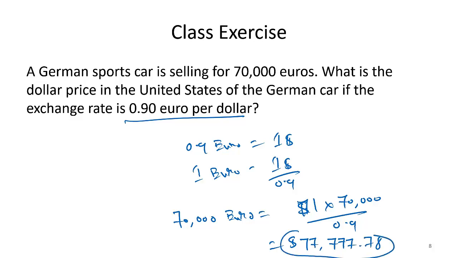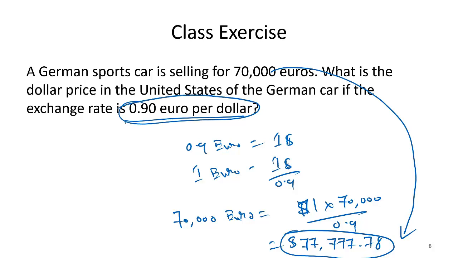So this would be the dollar price of the car, which costs 70,000 euro. This is how 70,000 euros looks like in dollars, given the exchange rate. And that's why we need to use exchange rates.